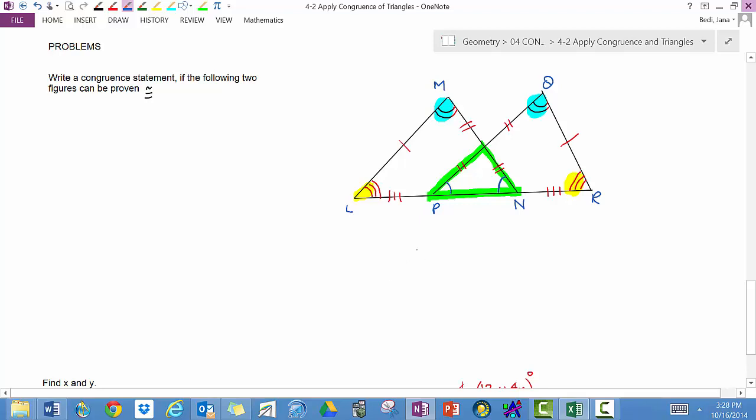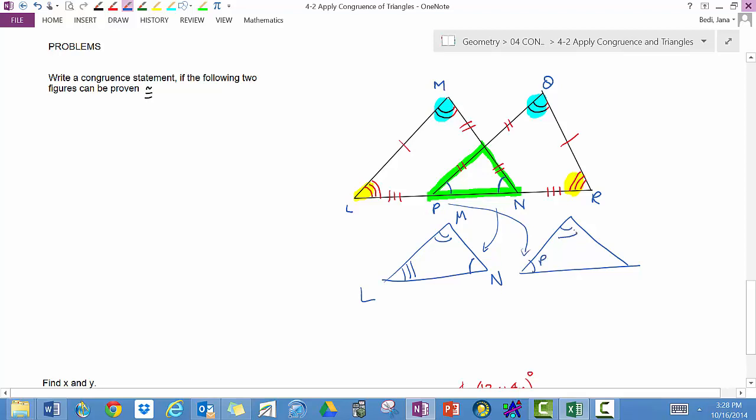So if I were to quickly sketch LMN here, then I would have this angle N from here. Now this is a very rough sketch, and this angle P from here. So those two triangles have congruent angles, and do they have congruent sides? Yes, they do. These are corresponding sides that are congruent.